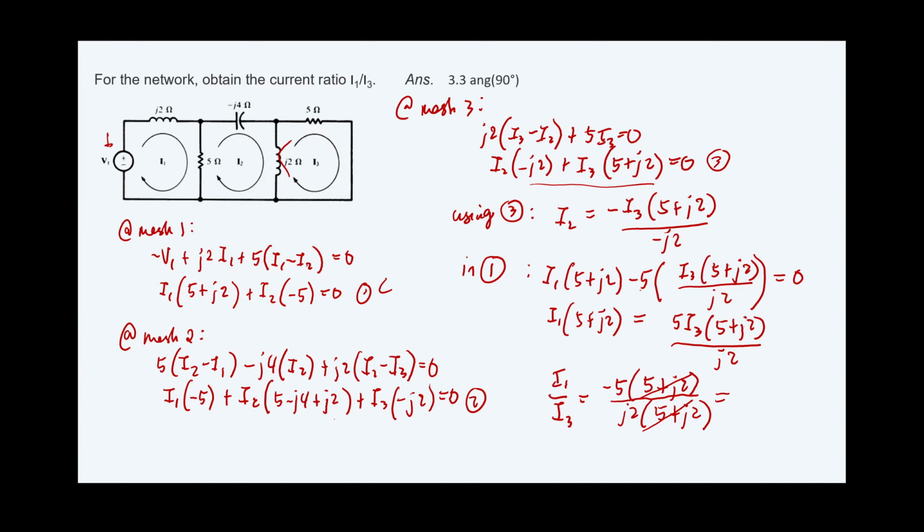But my answer is 2.5 angle negative 90. So this should be positive 5. Let me check which one is incorrect. 5 plus J2, negative 5.